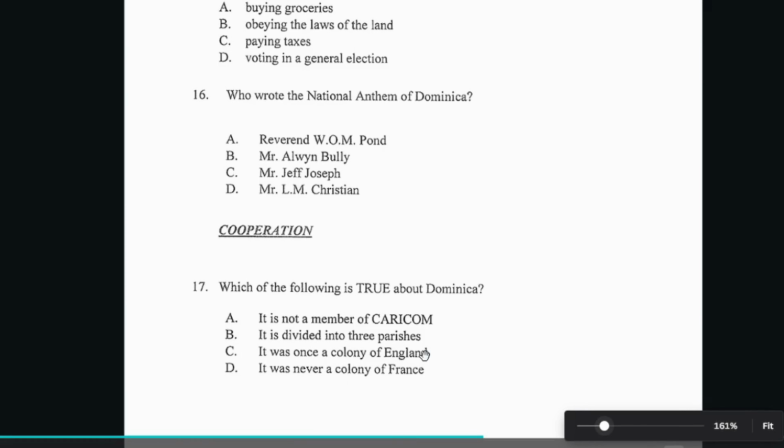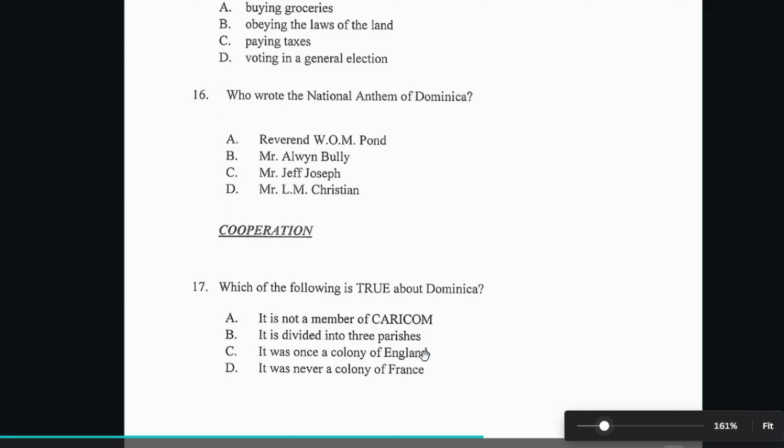So A and B would be some of the most popular answers that students give, even when I give my grade 6 students these questions. But what I will say is that the legislative is more for passing the laws, whereas the judiciary is for actually enforcing the laws. This would be like the courts.